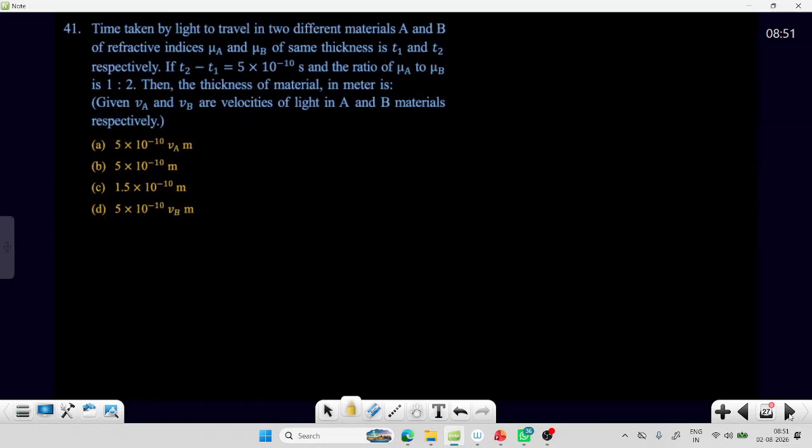T2 minus T1 is equal to 5 into 10 power minus 10, and the ratio of mu A by mu B is given as 1:2. Then they ask to find the thickness of the material.